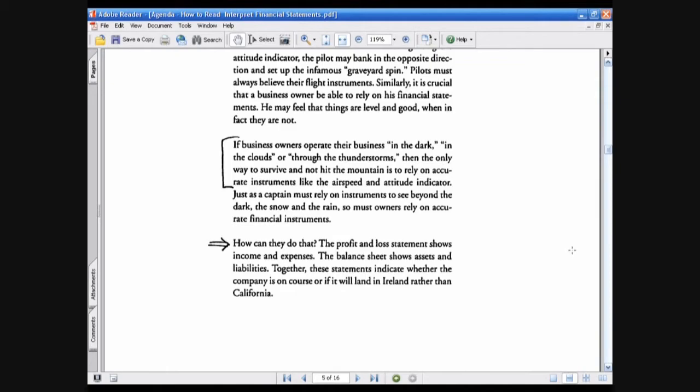How can they do that? The profit and loss statement shows income and expenses. The balance sheet shows assets and liabilities. Together, these statements indicate whether the company is on course or if it will land in Ireland rather than California.